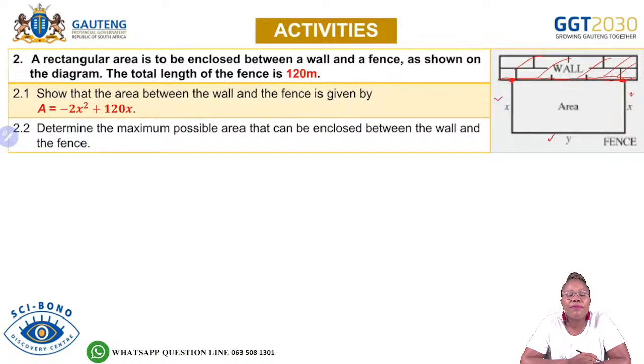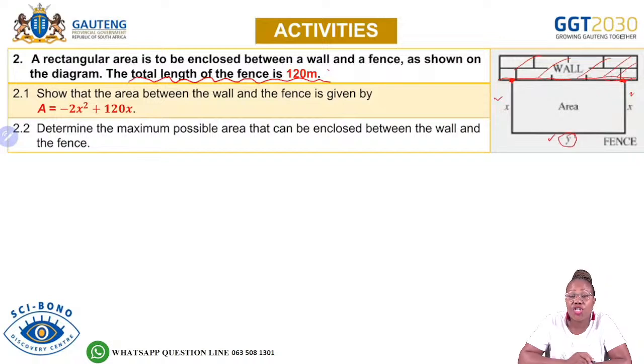But grade 12, remember, you always start from the given information. If you look at the given information, we are given the total length of the fence, which is 120. So there's no way we can go straight to area without applying the perimeter there. This perimeter will assist us now to change one of the variables.